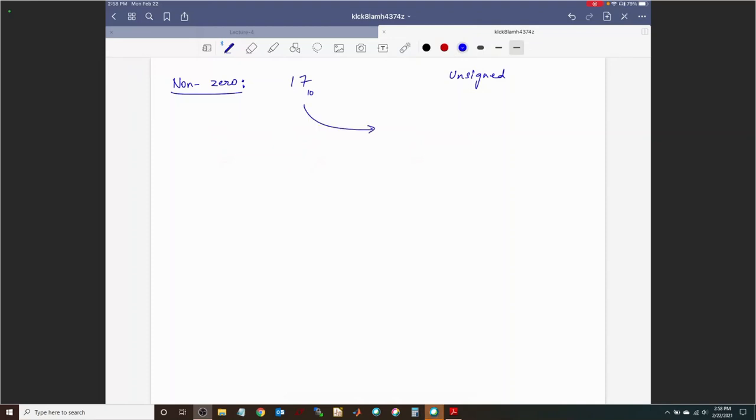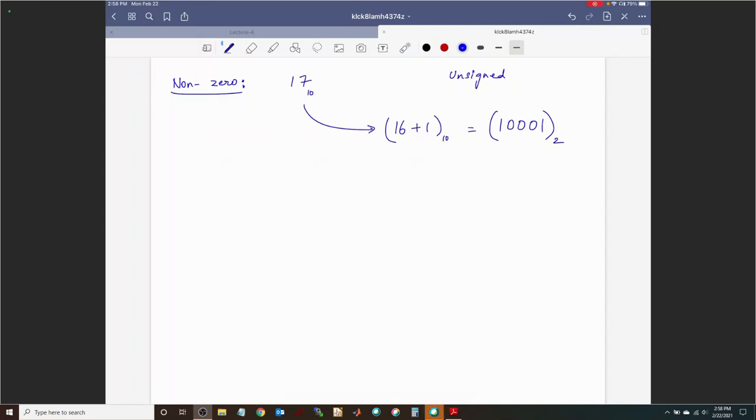Well, 17 is 16 plus 1, which means I've got 16, no 8, no 4, no 2, and a 1. You guys agree with that? It is 1, 0, 0, 0, 1: 3 zeros and a 1, for 17.